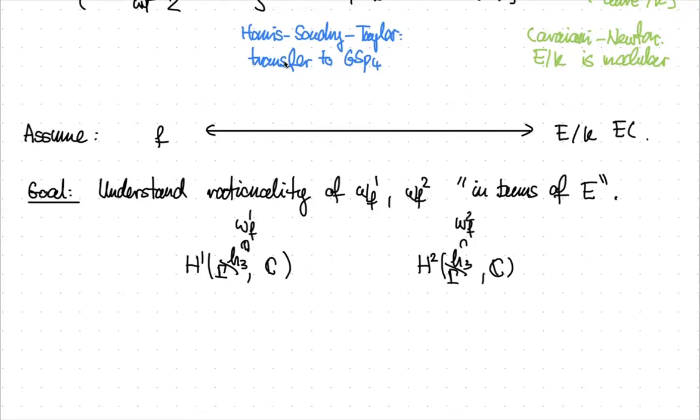And we would like to know, maybe over here there is a rational structure, which is given by the rational singular cohomology. And then also over here, let me just write it down.